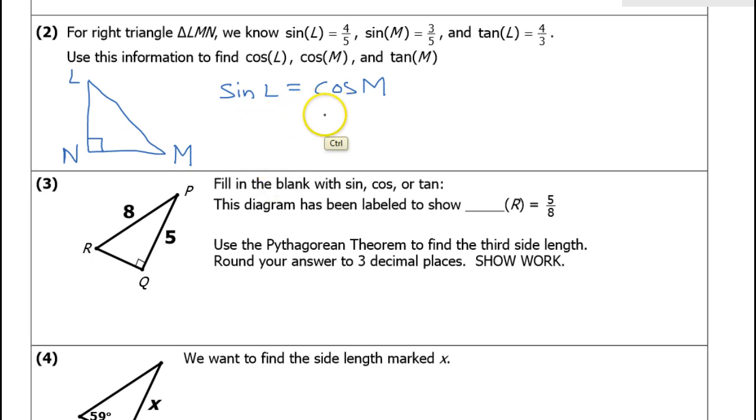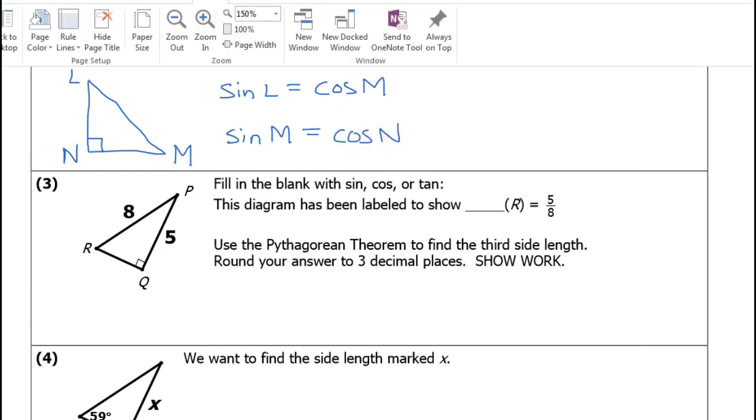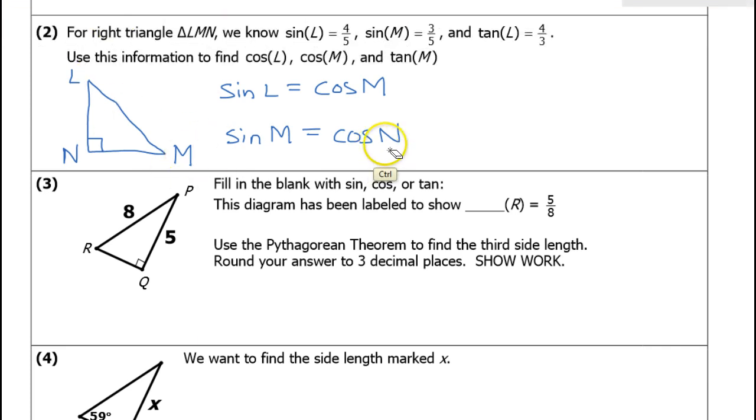And also I could say the sine of M should equal the cosine of N. No. I'm sorry. We're talking about L and M, not N. So the sine of M should equal the cosine of L. So the sine of one angle should equal the cosine of another angle.